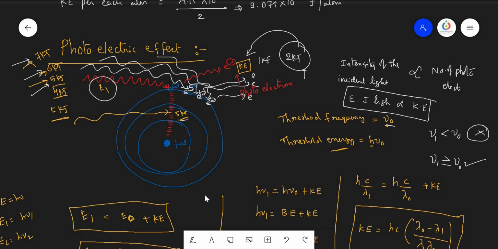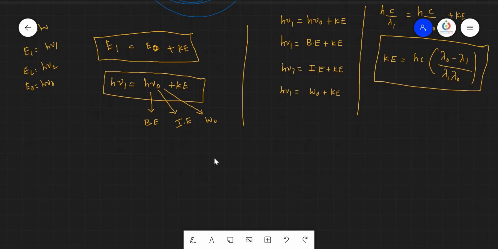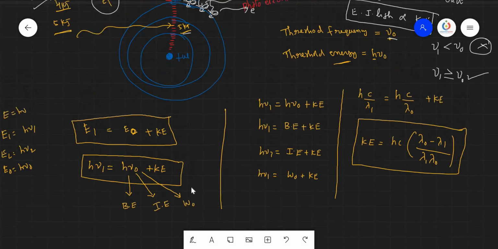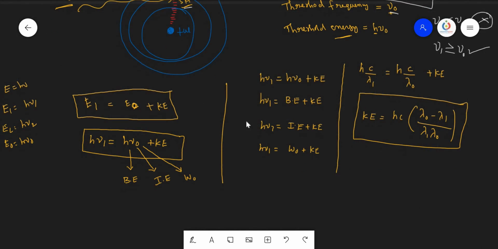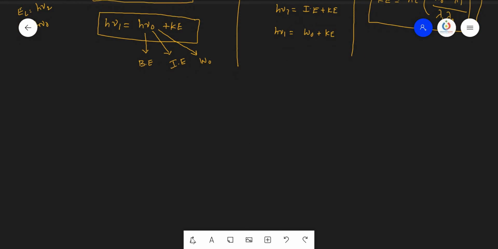Which atoms usually show the photoelectric effect easily? The photoelectric effect basically says that when light falls, electrons come out. For this, the ionization energy must be very low, as in the case of metals. When the ionization energy is very low, it is easy to remove the electrons. Whose ionization energy is very low?